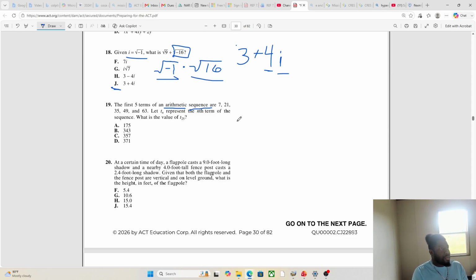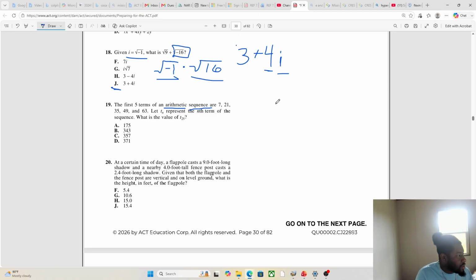So you could add 14 until you get to the 25th term. That's a long way, but that's fine. What I tell my students is, you have the first term and you go to the 25th term, so you have to go up 24 times. So you have to add 14 24 times.